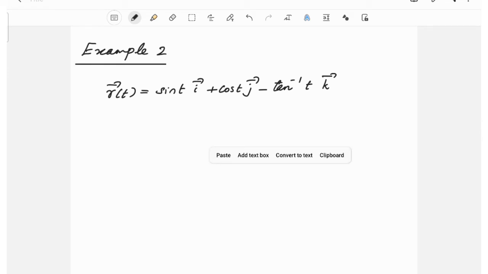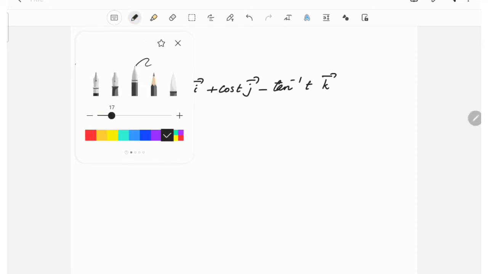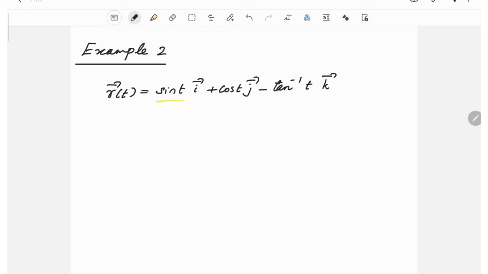Here we know that the component function sin t is continuous at all points of the real line. Cos t is also continuous on R, and tan inverse of t is also continuous on the same interval. So here vector r of t is defined at all points of the real line, or the parameter interval of vector r of t is minus infinity to infinity, and in this interval the function is continuous.